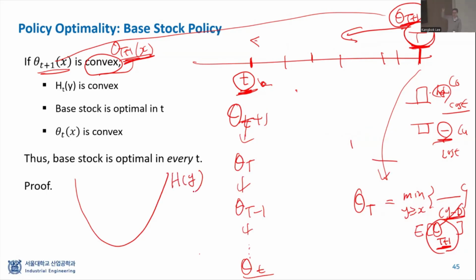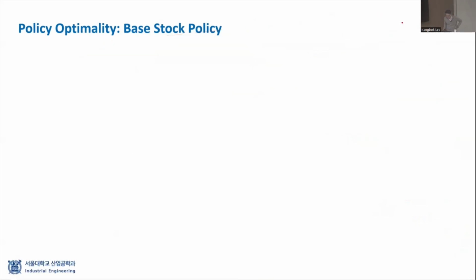As long as we have a convex function of the cost, then we know that there must be a point, and depending on the x position, my decision is just go up to the S part, right? So I want to implement this result as much as possible. So I can start from theta t plus 1, and then my proof goes like that.